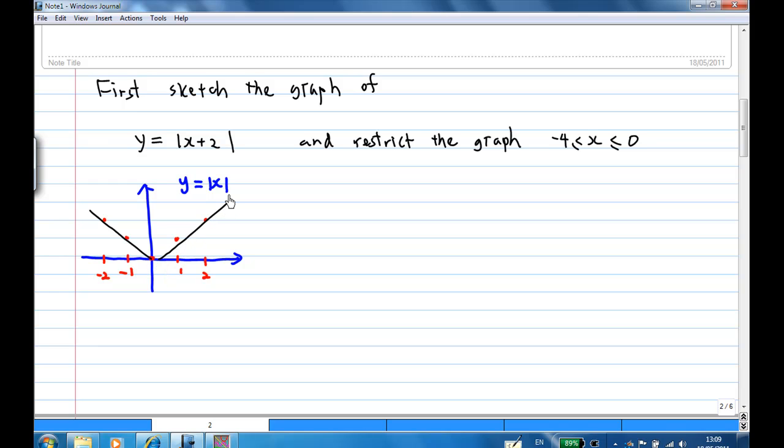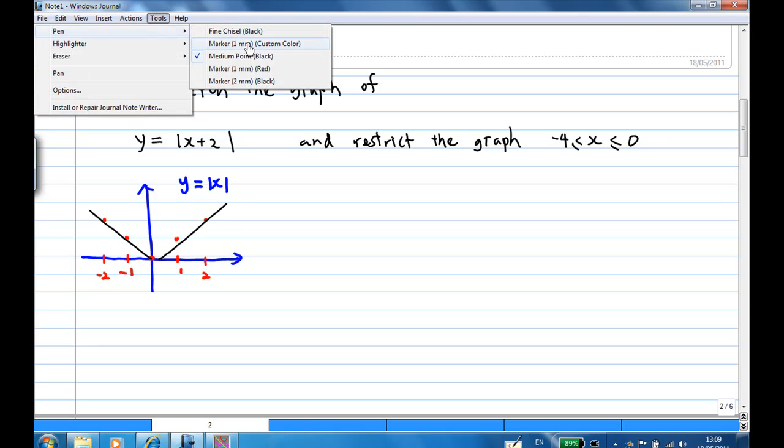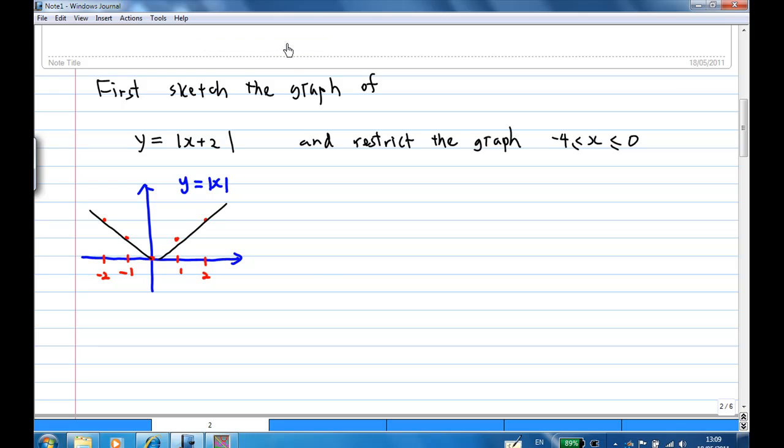Now, how about the graph of y equal absolute value of x plus 2? Let me redraw another x-axis and y-axis. I want to draw the graph of y equal to absolute value of x plus 2.